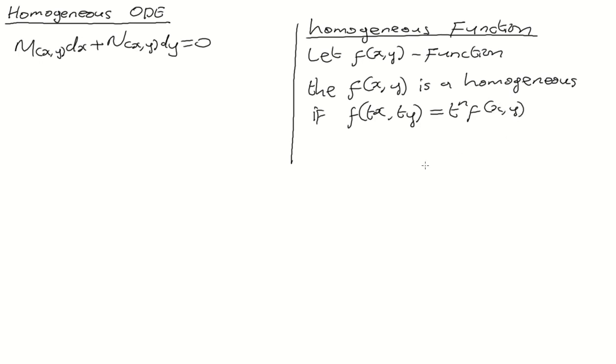This is just a general statement that this function here is a homogeneous function if we are able to do this test on this function. And if we were able to do this, then what happens is that n gives the degree of the function.